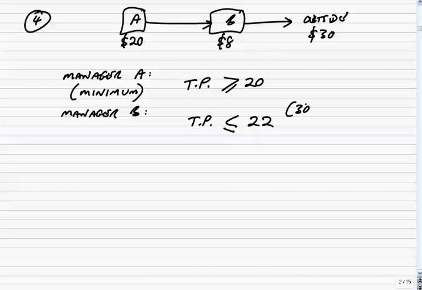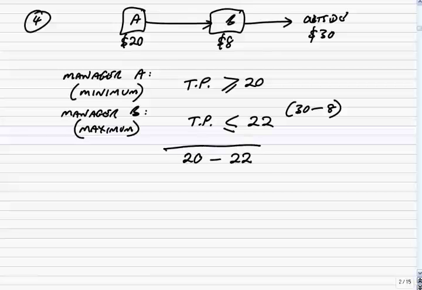At the 30, you're going to get less your own costs of 8. If you're going to be profitable, the transfer price has to be less than 22. Manager B fixes the maximum. And therefore, the transfer price must be in the range 20 to 22.